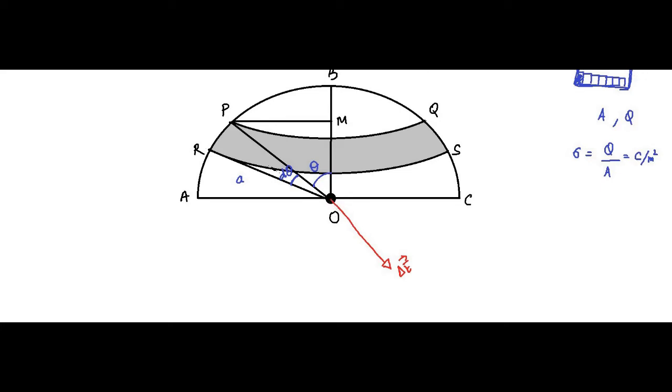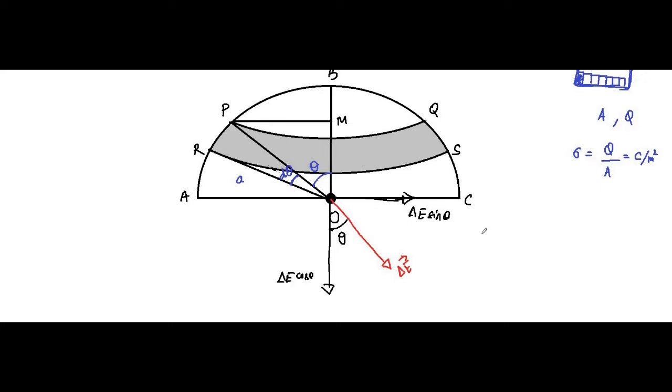If you draw a vertical line here, this angle will also be theta. Again we can resolve this delta E vector into two parts: delta E cos theta and delta E sin theta.